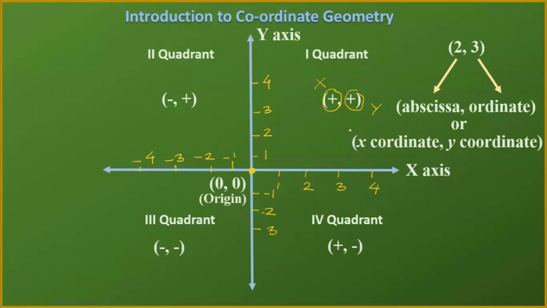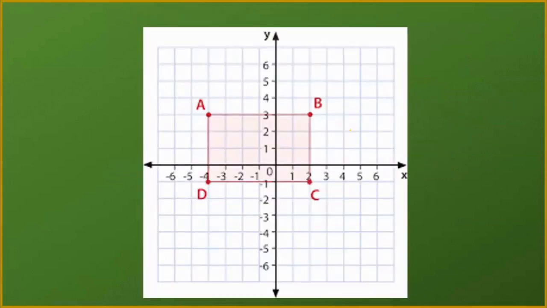Now we shall see some applications of coordinate geometry. First of all, see the figure we have shown. There are 4 points I have taken, A, B, C and D. If I talk about point A, observe how far it is from the y-axis.